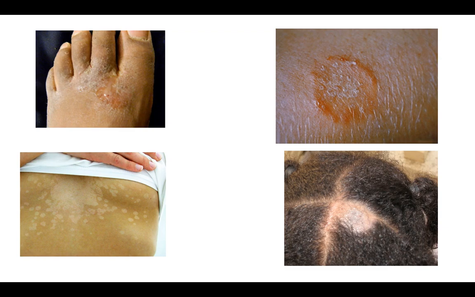So here we are. These are all very similar conditions actually. Top left is athlete's foot, top right is ringworm, bottom right is what's known as tinea capitis, or a fungal infection of the scalp. These three diseases can be quite debilitating but can easily be treated in the pharmacy. For athlete's foot you may use Dactarin powder or miconazole.